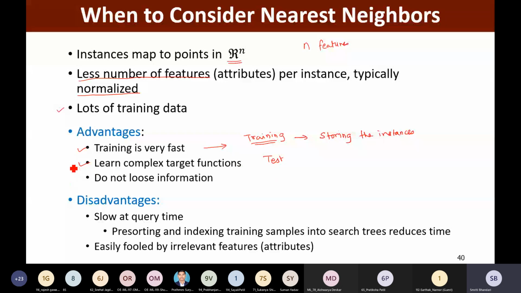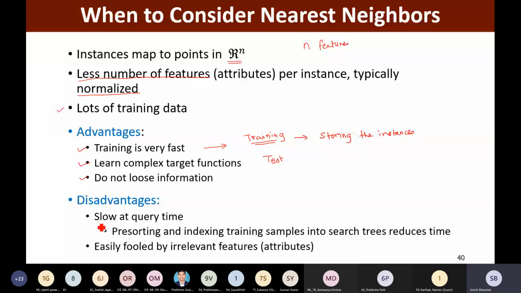So it is very helpful if we want to learn complex target functions, and in these algorithms there is no chance of losing any information. These are the advantages of the nearest neighbor algorithms.